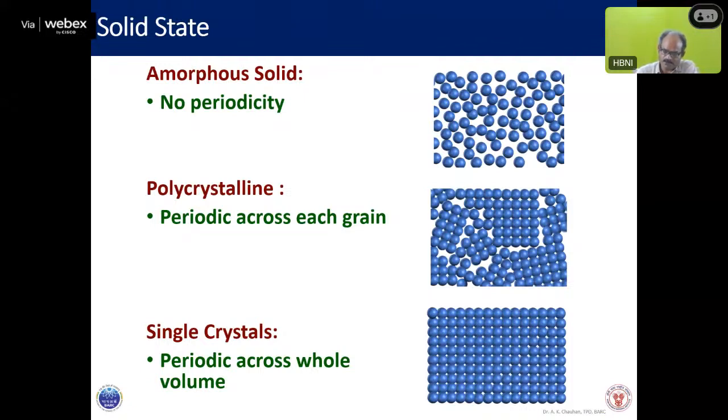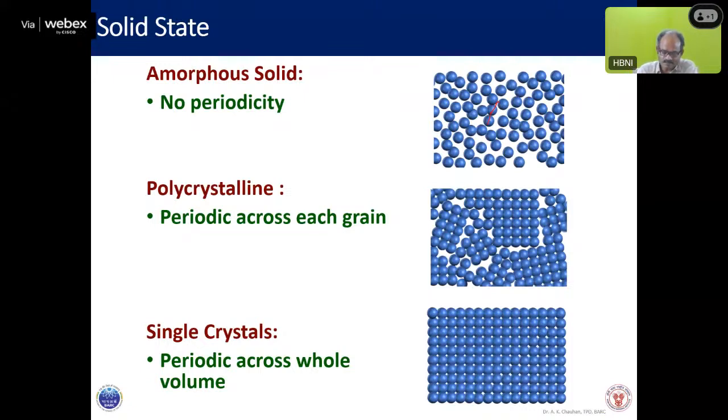They are amorphous solid, where you can see there is no periodicity. You have one atom and another atom here, but if you go in the same direction, you will not find the third atom the same. So there is absolutely no periodicity. Every atom has a different surrounding, and there is no rule for how it will crystallize.